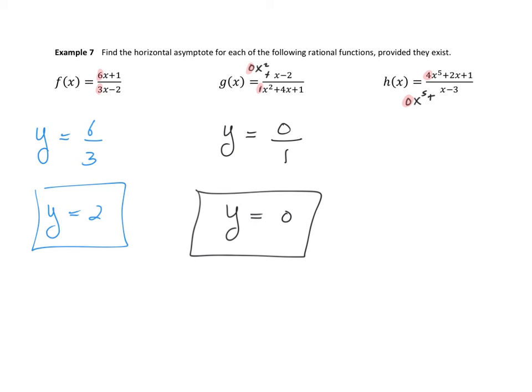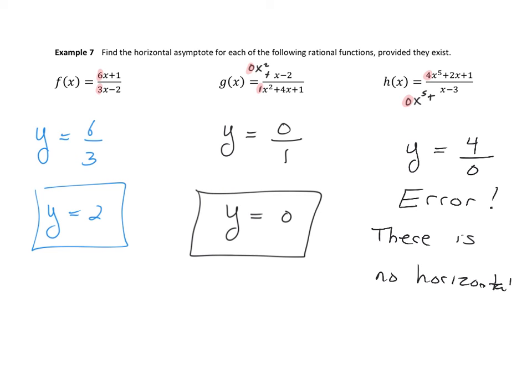So y is equal to 4 over 0, and if you type that into a calculator, it's going to say error. What this means is there is no horizontal asymptote. And that is it for this example.